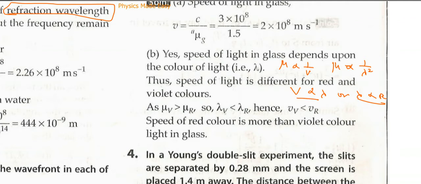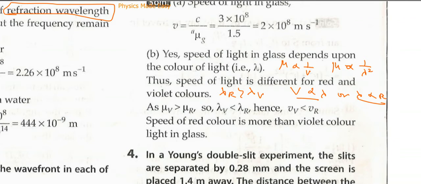Now, we know that the wavelength of red color is larger than the wavelength of violet color.